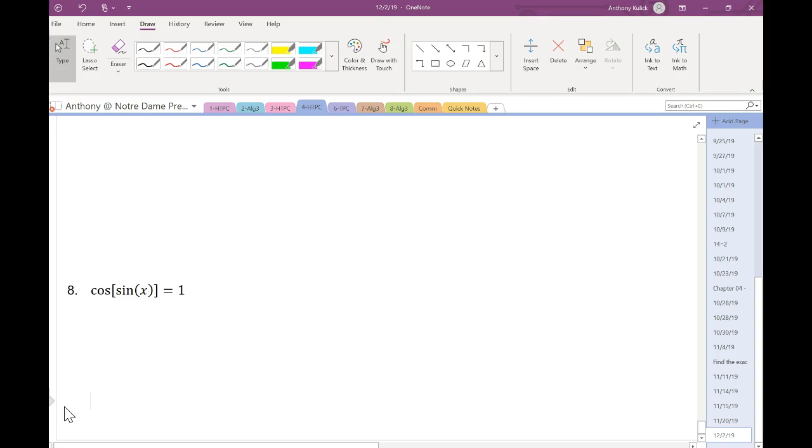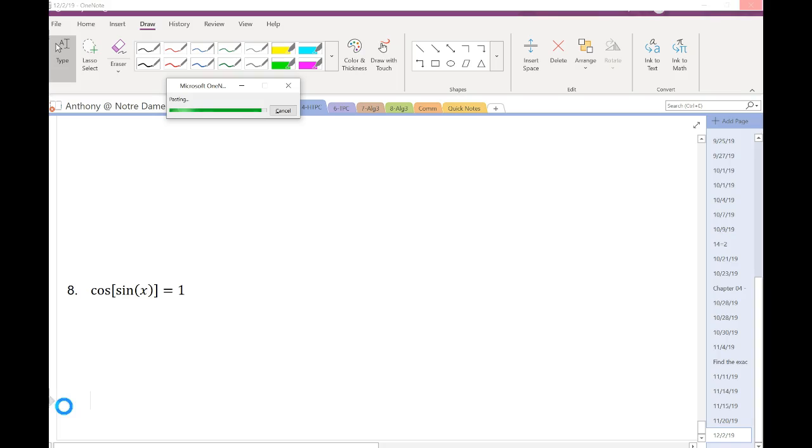I don't know why it takes so long, but this is what apparently we're doing now with OneNote, so just waiting for that information to paste in here. It's doing stuff, I promise.